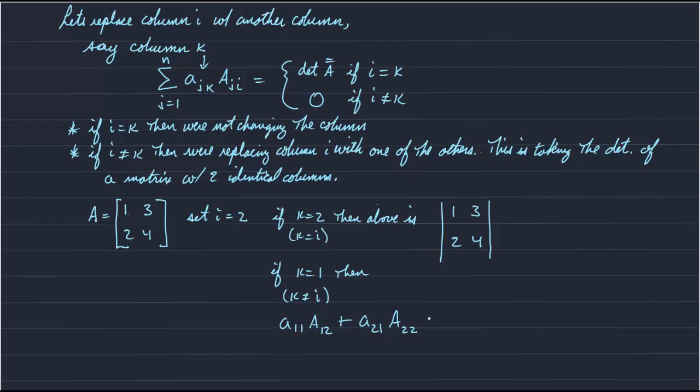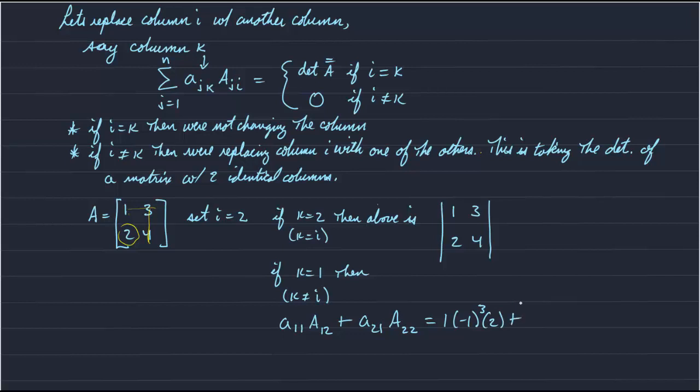Writing that out, little a 1, 1 is just 1. Then we have minus 1 raised to the 1 plus 2 power times the determinant of the submatrix when we remove the first row, second column, and that leaves a 2.